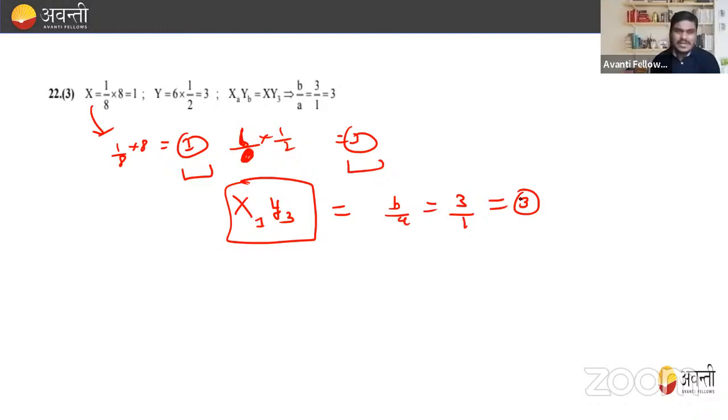So this is very simple and this is important as well, because we all know that the contribution at the corner is 1 by 8 and the contribution at the face is 1 by 2 into 6, that is 3. So the empirical formula XaYb here is X1 Y3. So the ratio B by A is 3 by 1. I hope it is clear to everyone? No problem in this question?